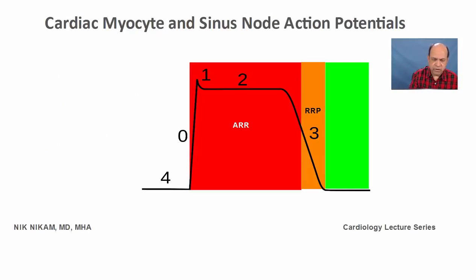Now let's say we have started off with an action potential here, and it is going to phase 0, where there is a rapid sudden influx of sodium inside the myocyte. Can a second impulse come and disrupt this action, or maybe even make the action more exaggerated? The answer is no, because from phase 0 to the beginning of phase 3, we have what is known as the absolute refractory period.